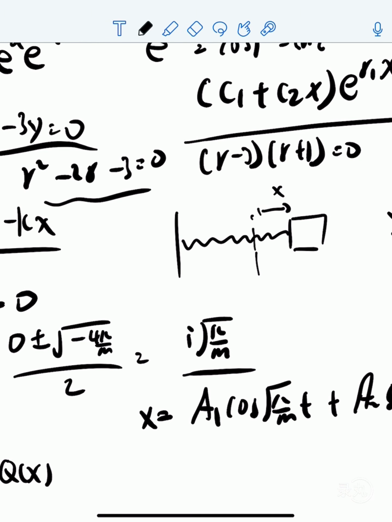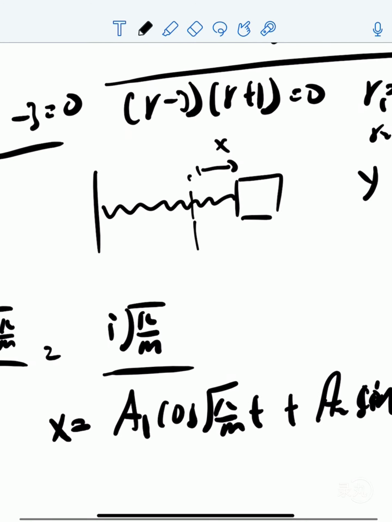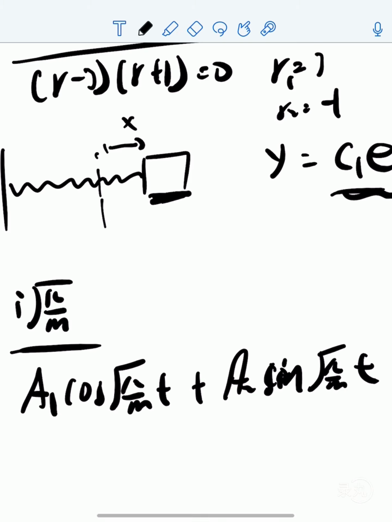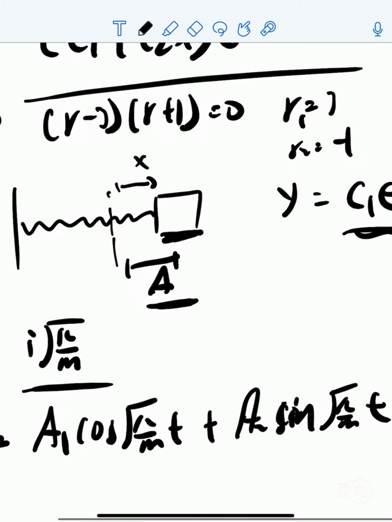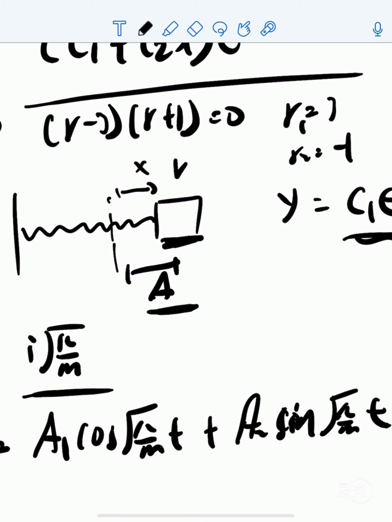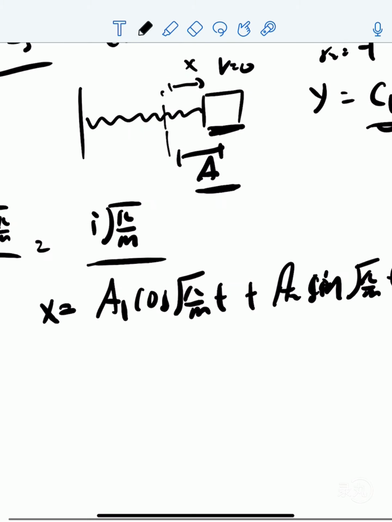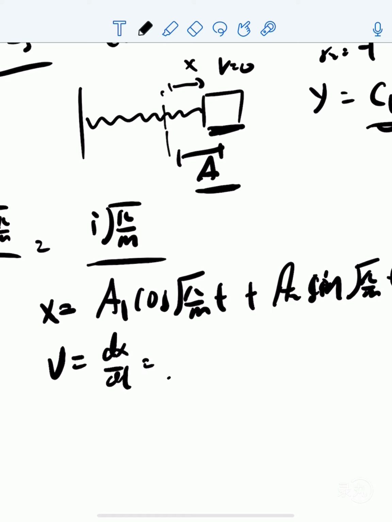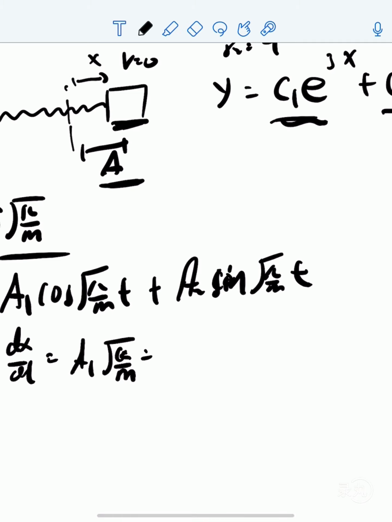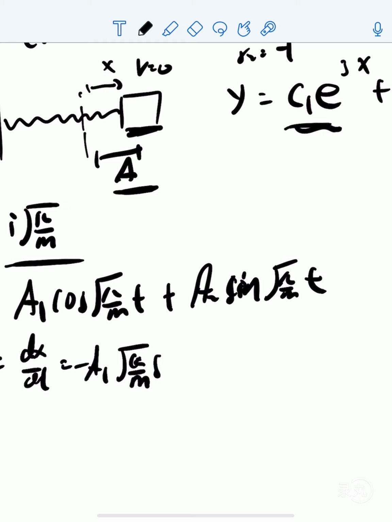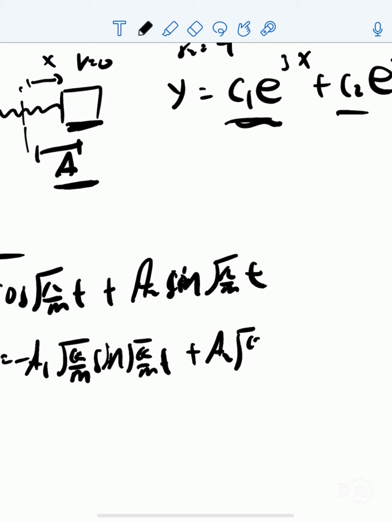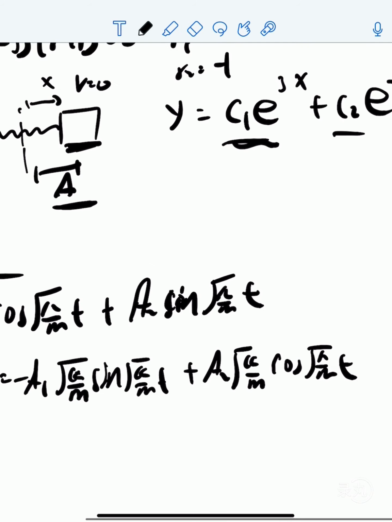If we give some conditions, say we choose this point to be at a distance a, where it starts with velocity 0, and we take the derivative, we can see that v is equal to dx/dt, which is negative a1 √(km) sine(√(km) t) plus a2 √(km) cosine(√(km) t).